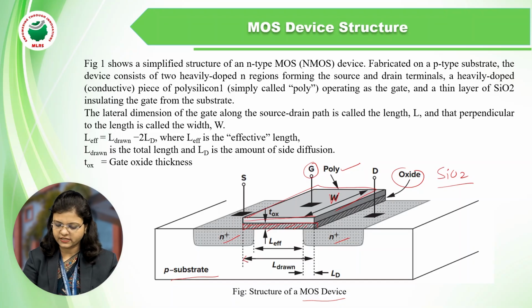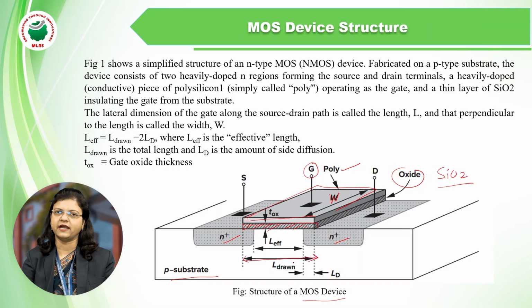So this complete length we consider as L drawn. Now the area in between the border of the drain and source we consider as the length of the channel, or the length of the gate, represented by L effective.